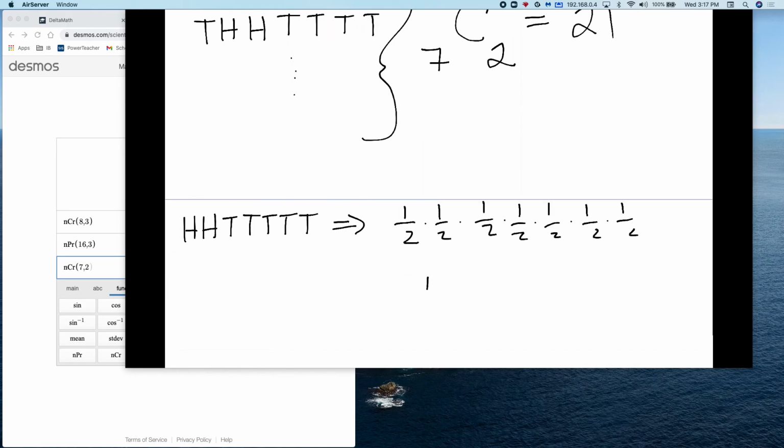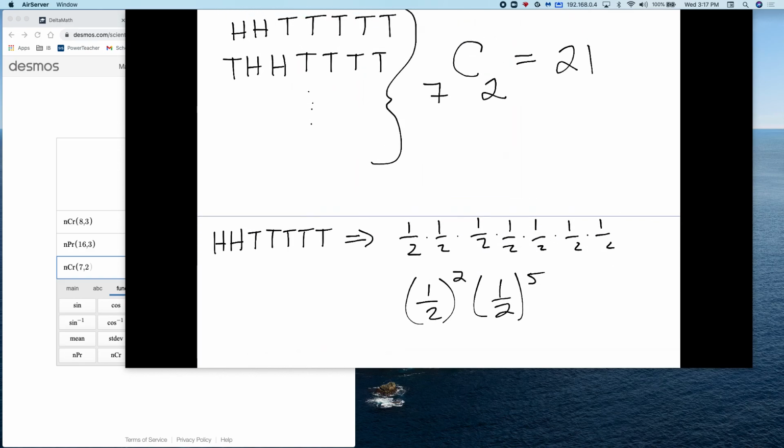Notice that that is 1/2 to the 2nd power, times 1/2 to the 5th power. Now we could calculate that as well, right?